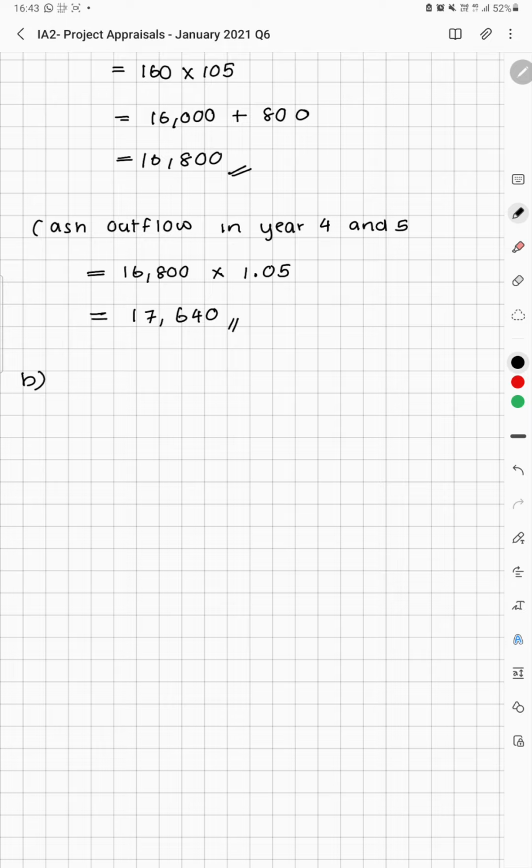So part B, it's a theory question. Part B, Roman numeral 1. One advantage of using the net present value. The question is asking us an advantage and a disadvantage of using net present value to assess investment projects. The advantage would simply be that net present value takes into consideration the time value of money, the fact that money in 5 years will not be worth the same amount it is now.